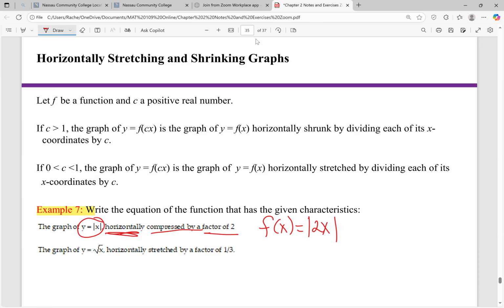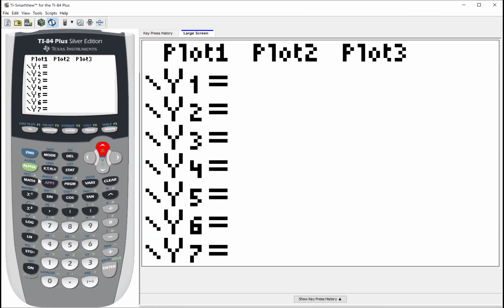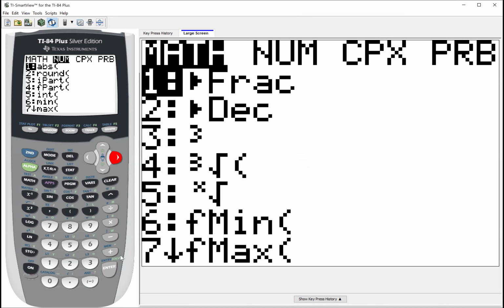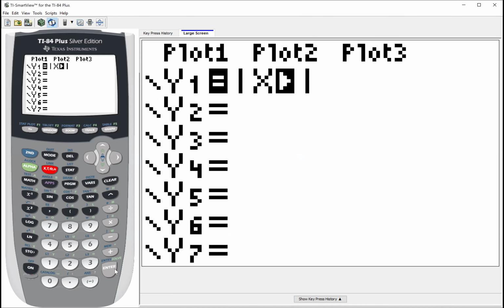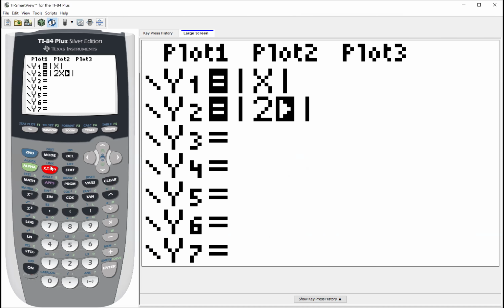So let's look at the graph of these. So let's first graph the absolute value of x. And then let's graph the absolute value of 2x.